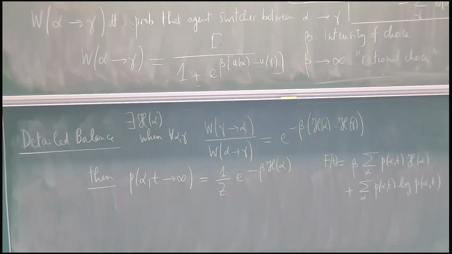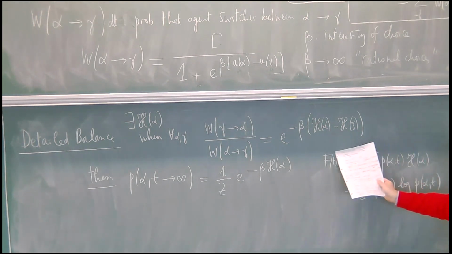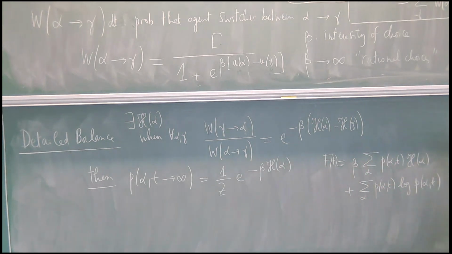And so the long time solution is when f reaches a minimum. When time goes to infinity, f has to reach a minimum, and the minimum is given by the Boltzmann-Gibbs measure.